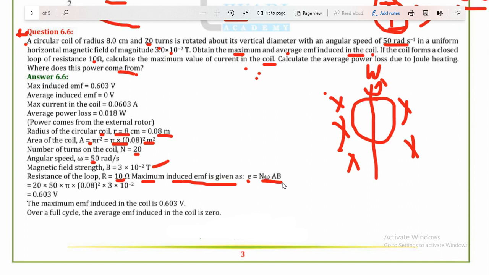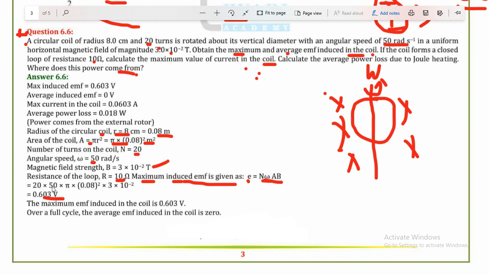This is the formula. So you can now use the values given in the question, that is N is equal to 20, omega is equal to 50, A is equal to pi into 0.08 square, and B is equal to 3 into 10 to the power minus 2 Tesla. After putting these values, you will get the solution, that is 0.603 volt.